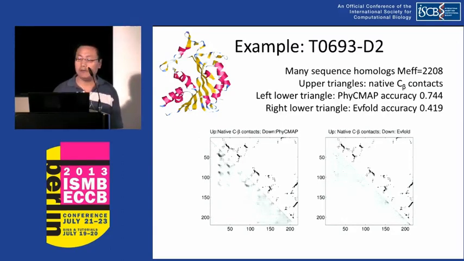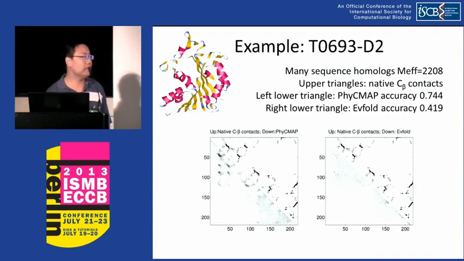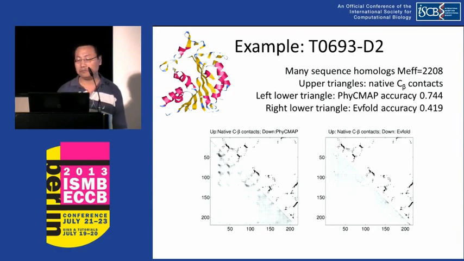For example, our method can achieve L over 5 accuracy of 0.74, but the UV-fold accuracy is only 0.419, so it's much lower than our method. If you look at the right picture, you can see the prediction by UV-fold contains lots of noise. It's hard to tell which one is the contact.